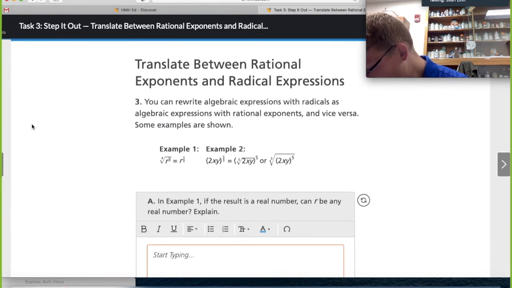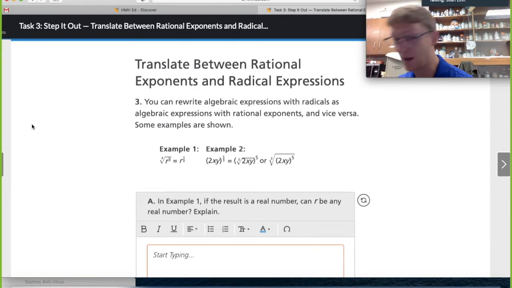And example 2, we started with a fraction in the power, 2xy to the power of 5/3. So that's going to be equal to the cube root to the power of 5. Or you can put the 5 on the inside. Again, it doesn't matter. It all works the same way.